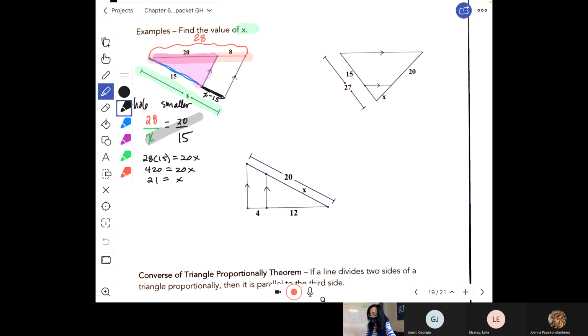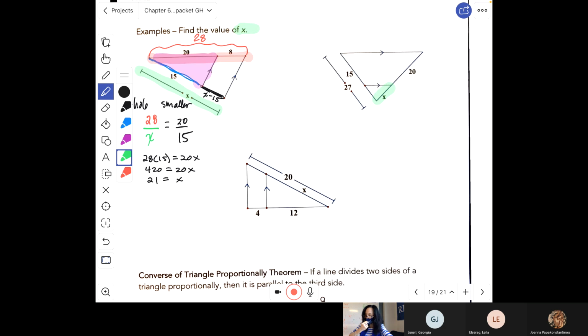Oh, the other method I was saying would have been like 20 over 8, or like 15 over y. Well, so you're defining this to be y? Yes. That is yet another way. Absolutely. Okay, let's see what x is in this next example.